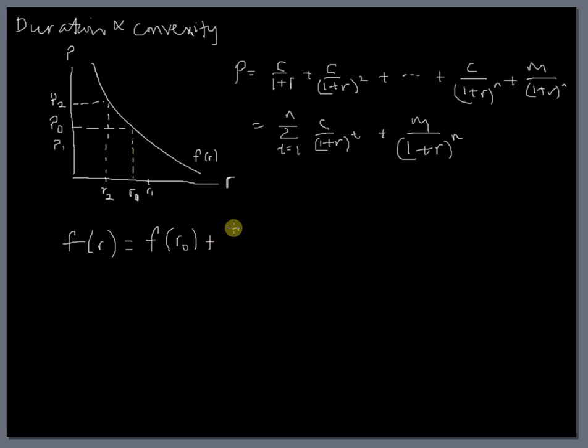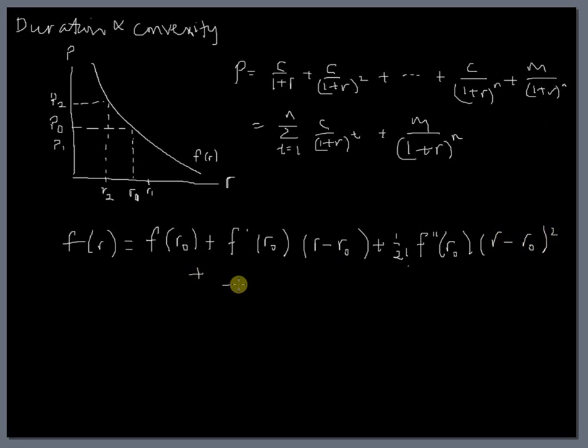The value f of R0, plus the first derivative at R0 multiplied by R minus R0, plus 1 over 2 factorial multiplied by the second derivative at R0 times R minus R0 squared, and so on. There are a lot of higher order terms, and for now we ignore them.